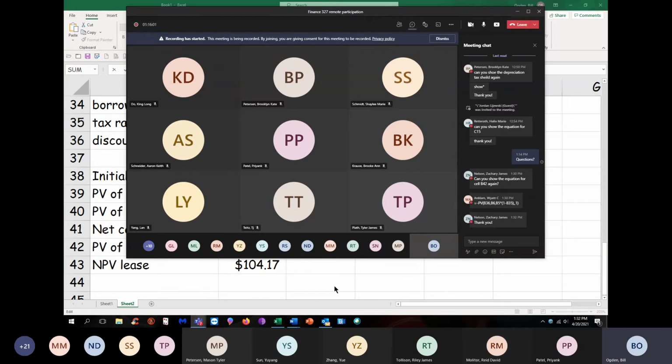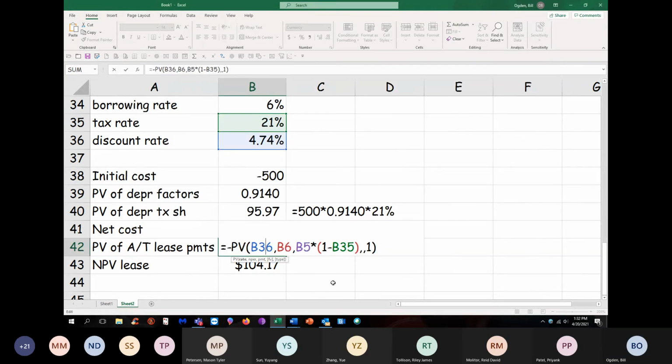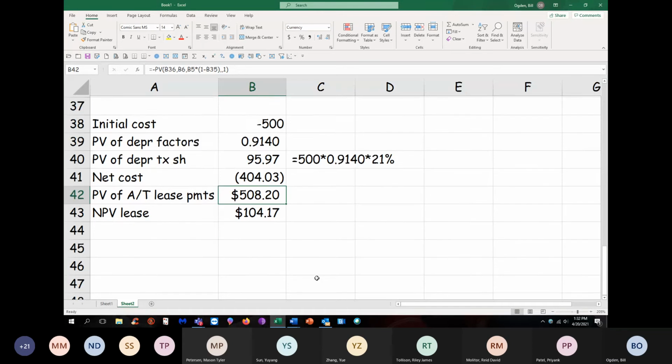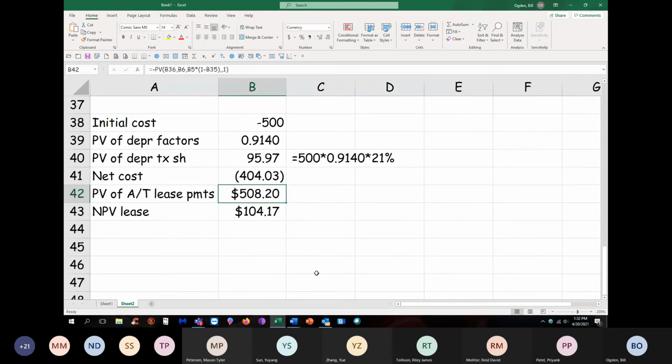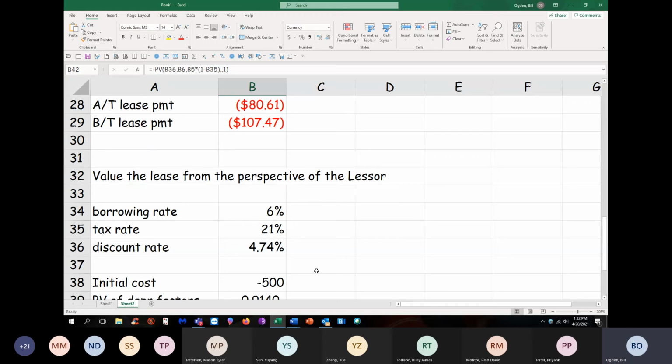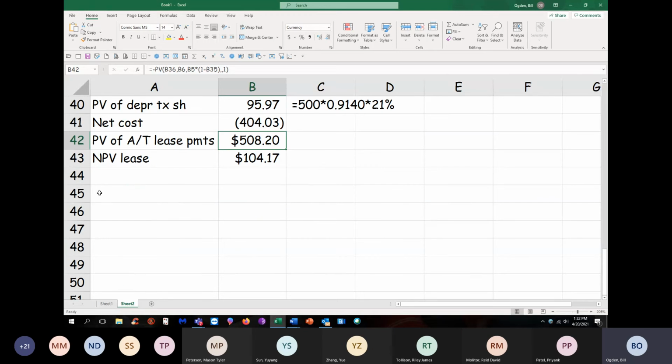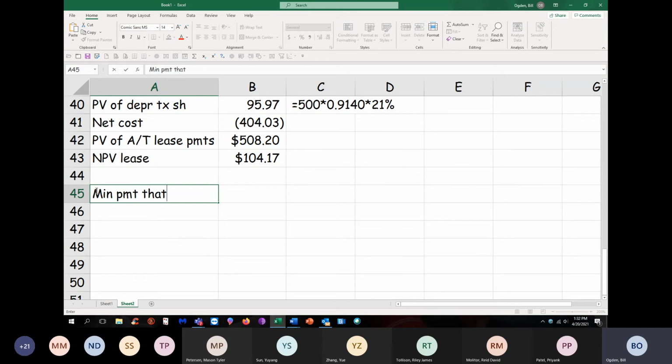All right, so let's keep going. Let's start out. This part is dedicated to the minimum payment that the lessor should be willing to accept.